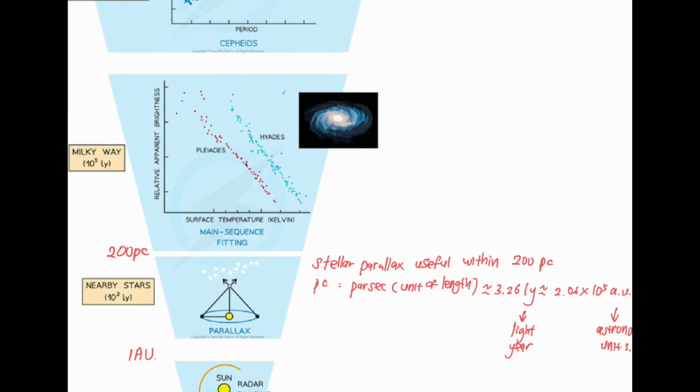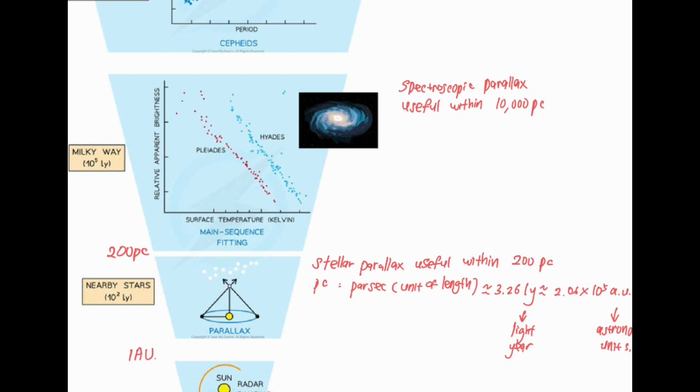So there is a different method, which is called spectroscopic parallax. Another method. So this method is useful within 10,000 parsec.